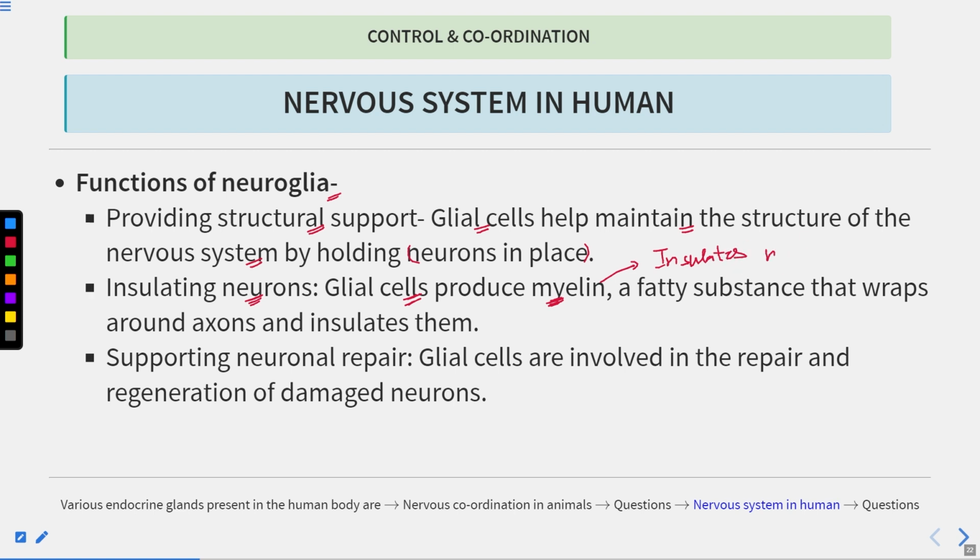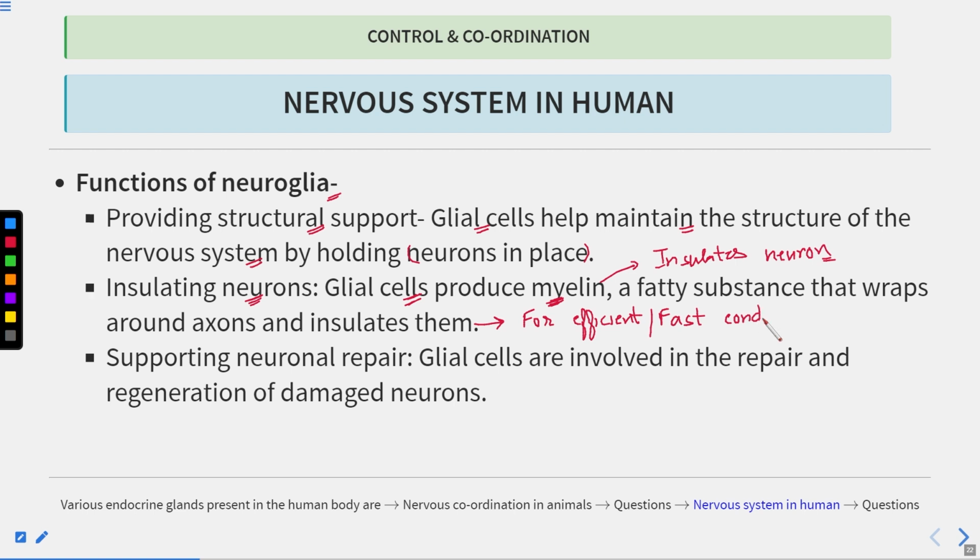It insulates the neuron or the nerve cell, and this insulation is very important for the efficient conduction of the nerve impulse. Why is this insulation necessary? It is necessary for the efficient, or you can say fast, conduction of the nerve impulses.